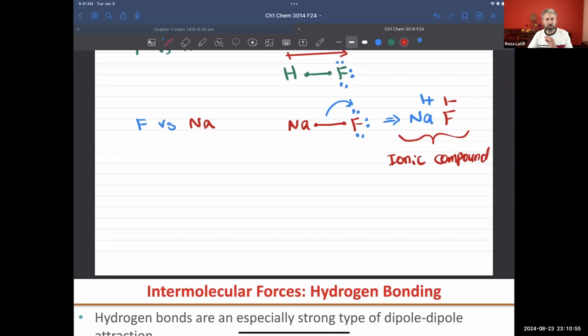Whenever you have an ionic compound, you're not going to have van der Waals forces. You will technically have electrostatic interaction between two particles, anions and cations, and that's the reason that they stay together. There is no molecule.